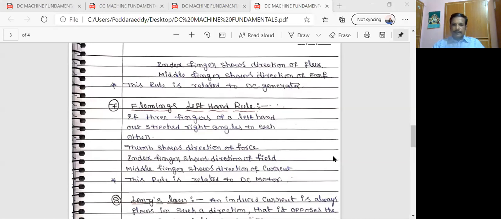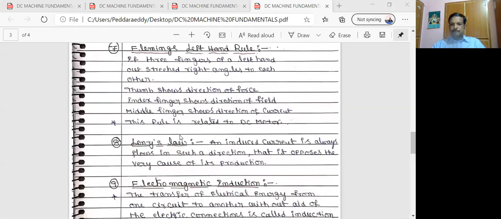Okay, next, coming to Lenz's law. An induced current is always in such a direction that it opposes the very cause of its production. It is a very important law.